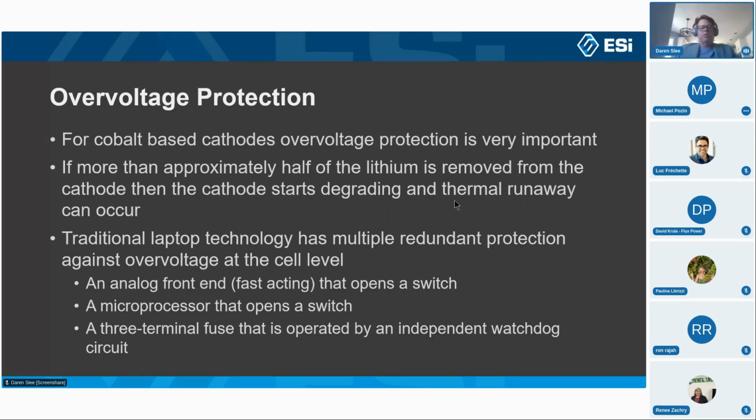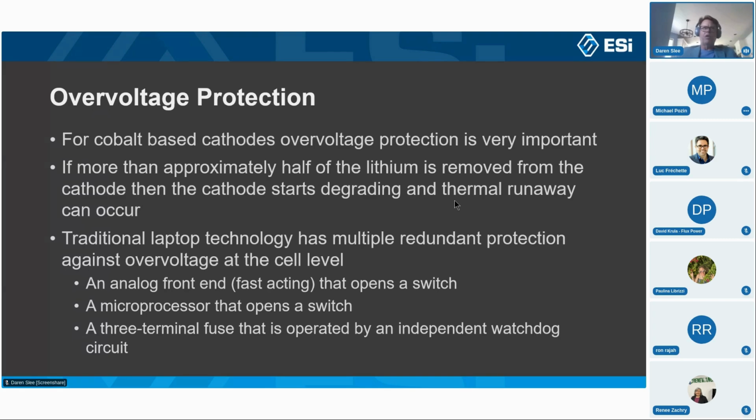Overvoltage protection is very important in cobalt-based cathodes, and I'm contrasting cobalt-based cathodes, which could be NMC or other cobalt materials. Lithium cobalt oxide is the traditional cathode material. It's called a half lithium system.